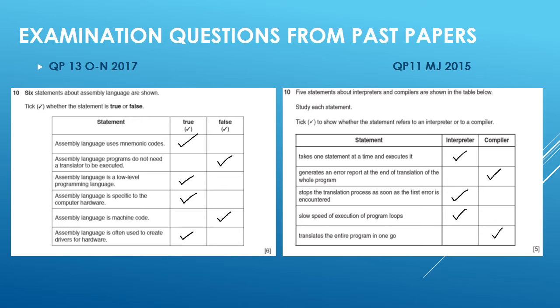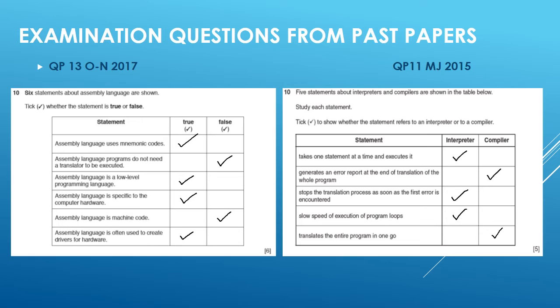Then the next statement is slow speed of execution of program loops. That is interpreter. Why? Because if, for instance, there is an error at any of the lines, it will halt the process.